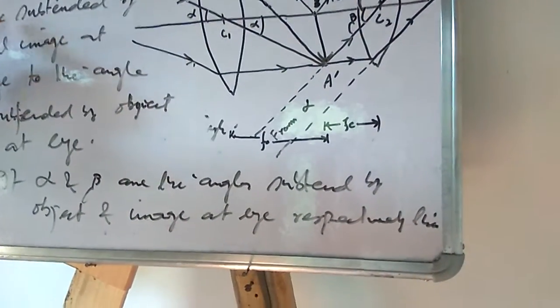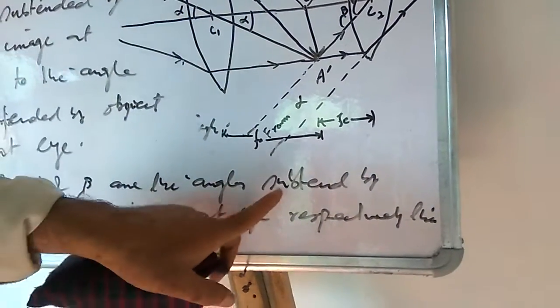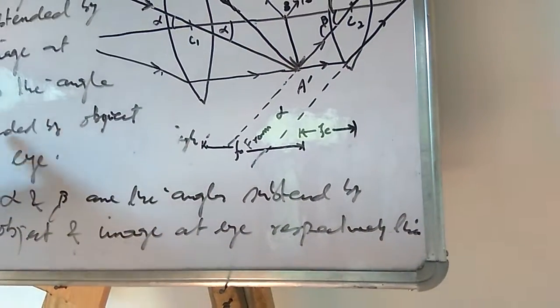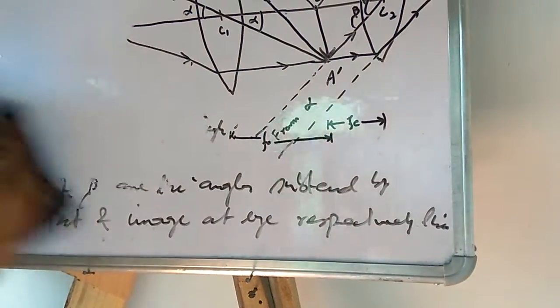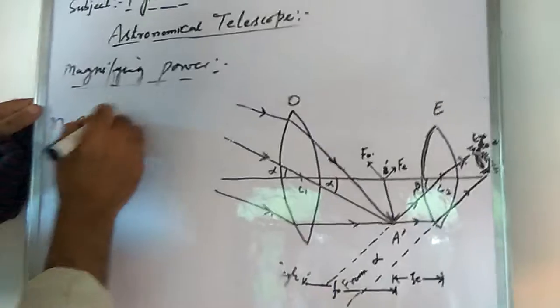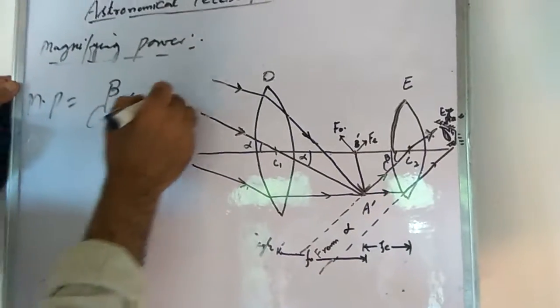Now magnifying power is the ratio of the angle subtended by the final image, that means beta, and the angle subtended by the object at the eye, that is alpha. So we will write here: magnifying power MP is equal to beta divided by alpha.